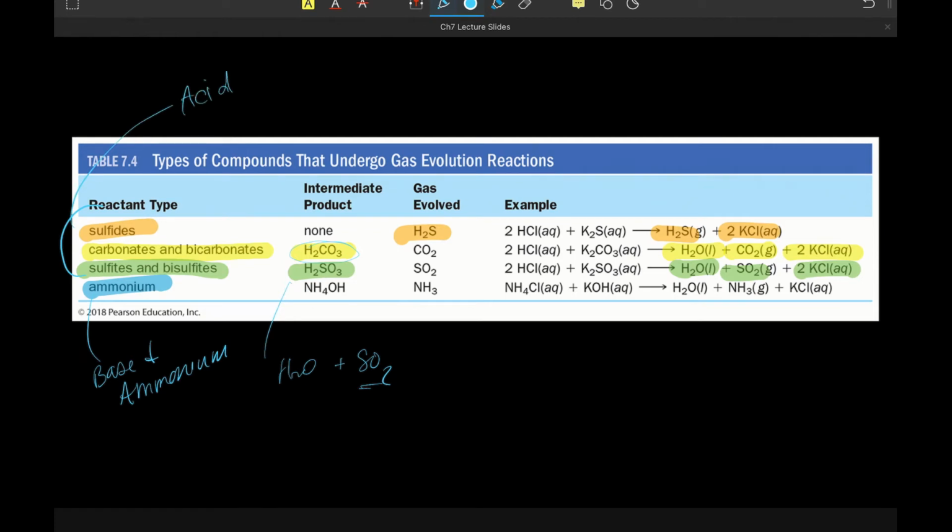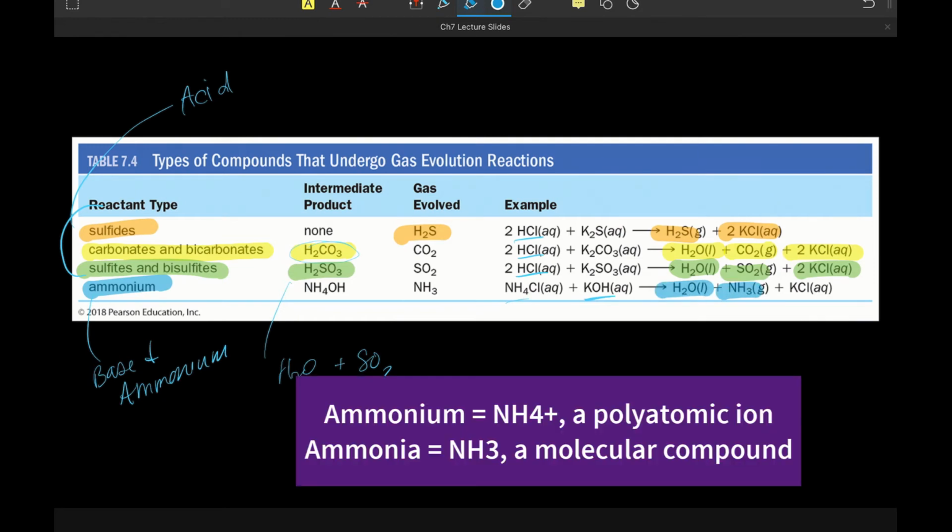Acid plus that. So if we look here, we have acid, acid, acid. Ammonium, though, needs to react with a base, because ammonium is actually acidic, which, again, is beyond the scope of what we're talking about, to produce water, ammonia, not to be confused with ammonium, ammonia and a salt.